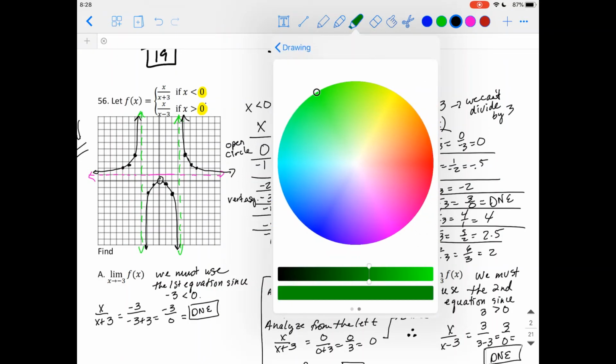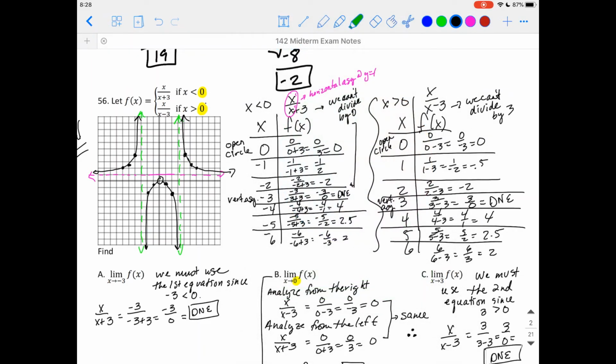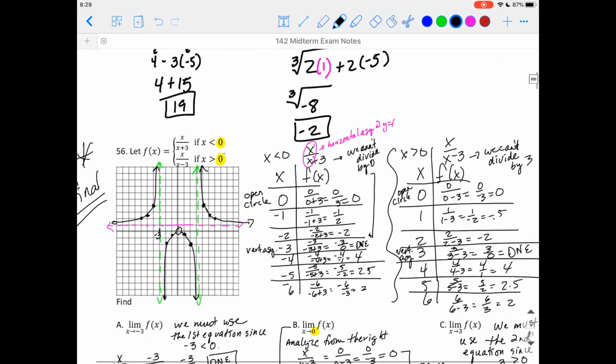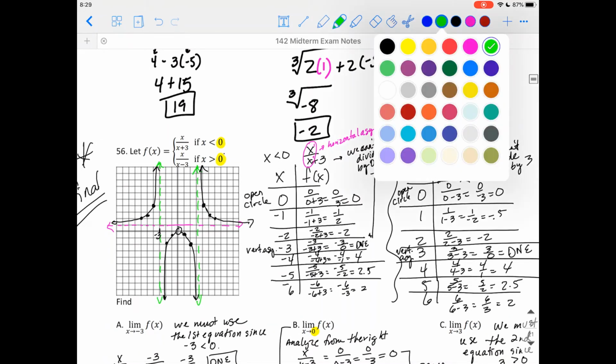It was a little bit darker. Okay, so at negative 3, here's negative 3 on the number line, on the x-axis. So coming from the left, I wish I could get that same color, I'm going to be picky about it. I'm going to try it.